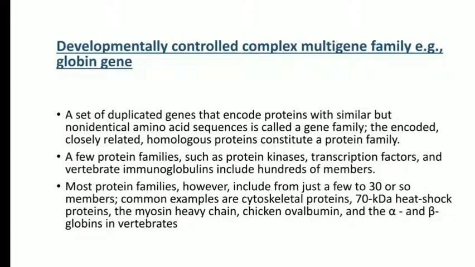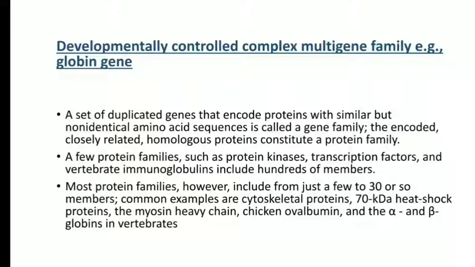A set of duplicated genes that encode proteins with similar but non-identical amino acid sequences is called a gene family. The encoded closely related homologous proteins constitute a protein family. A few protein families such as protein kinases, transcription factors and vertebrate immunoglobulins include hundreds of members.